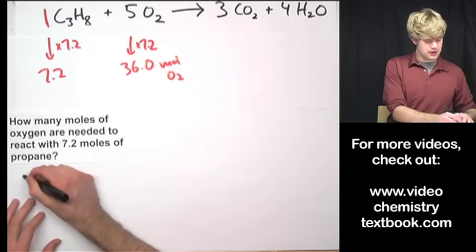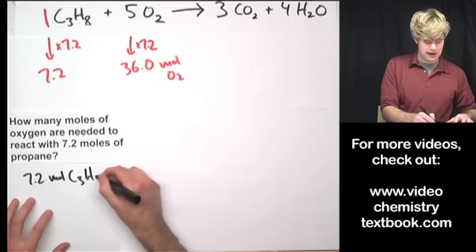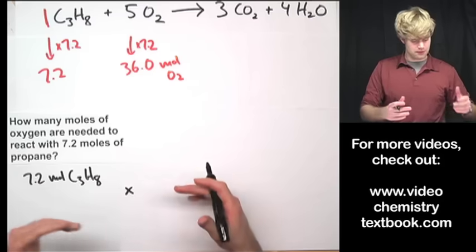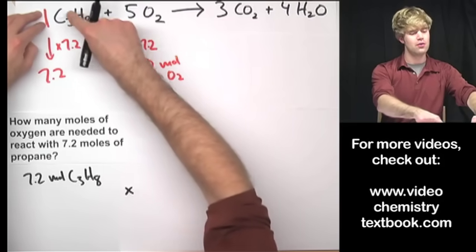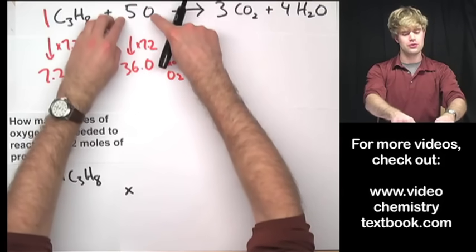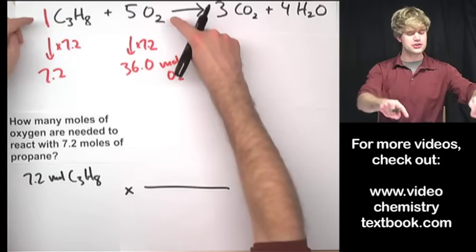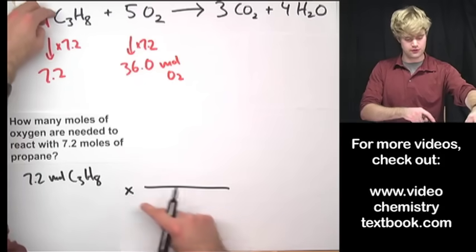Let's look at the conversion factor method. We're going to start with 7.2 moles of C3H8, and we're going to multiply that by a conversion factor that says 1 mole of C3H8 to 5 moles of O2. This is on the top, so we want this in the conversion factor to be on the bottom.